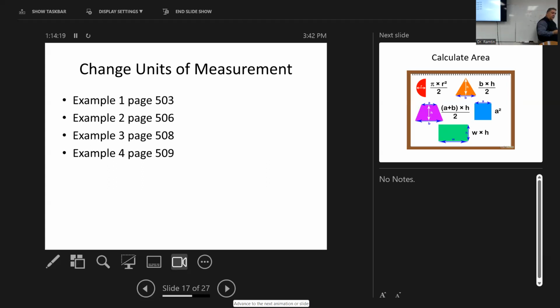Or you can do the improper fraction as a mixed number, the same as when you divide 10 by 3. It becomes 3 and 1/3, so this becomes the denominator. All right.